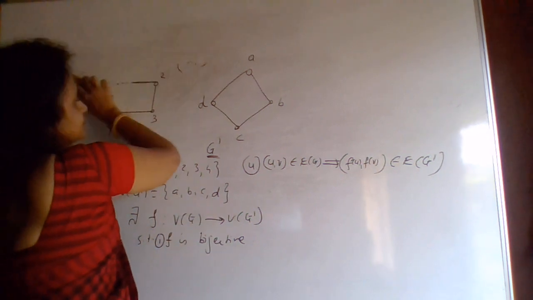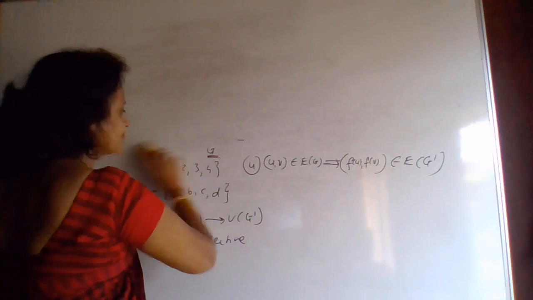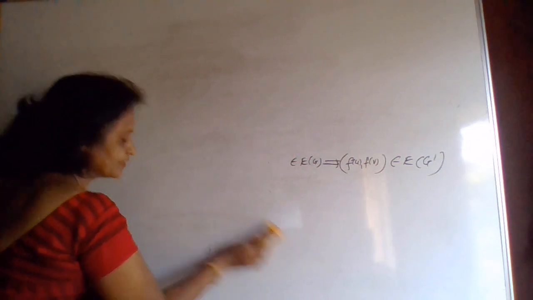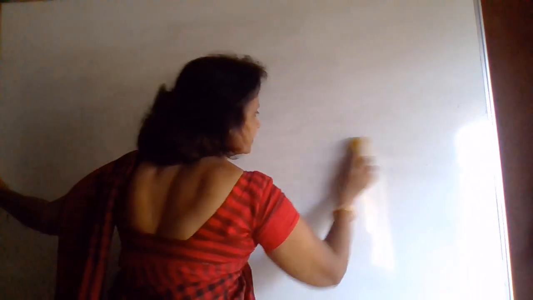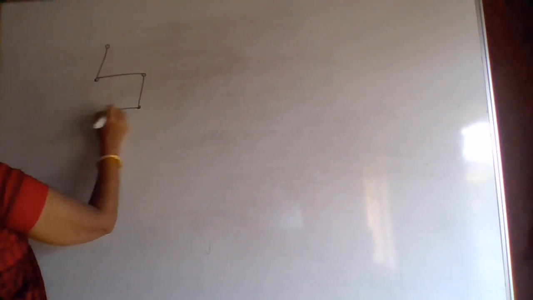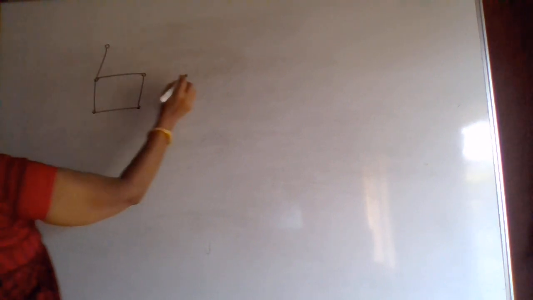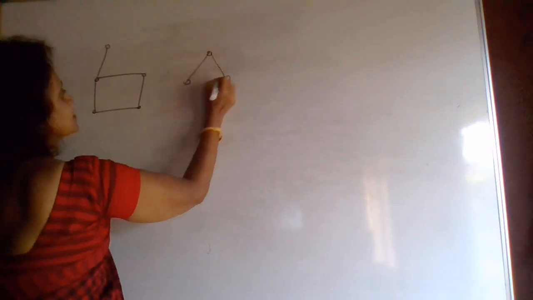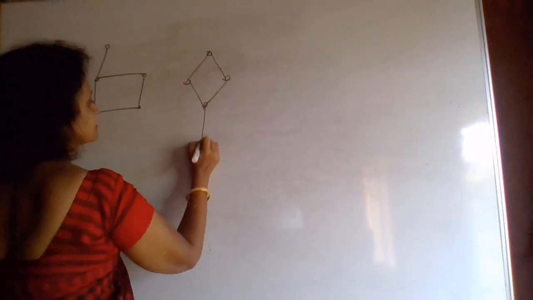Now I will give you one simple example, and the question may be to find whether the graphs are isomorphic or not. This is say my G and this is my G'.